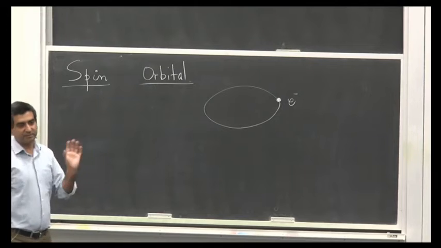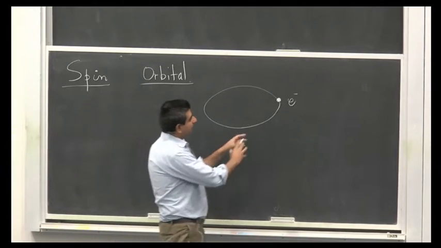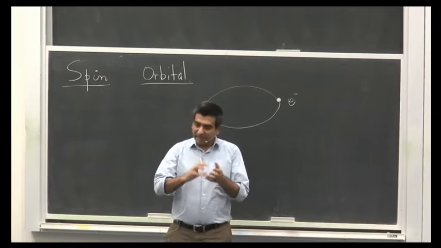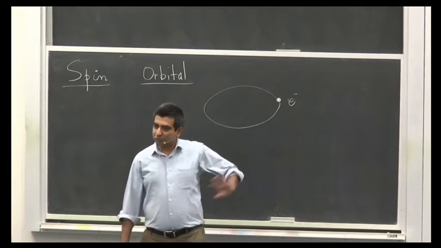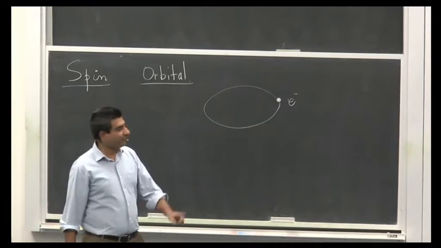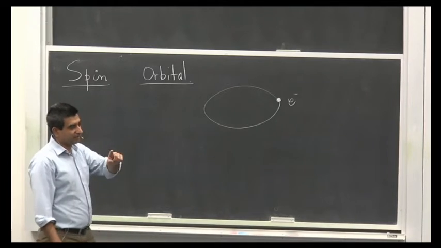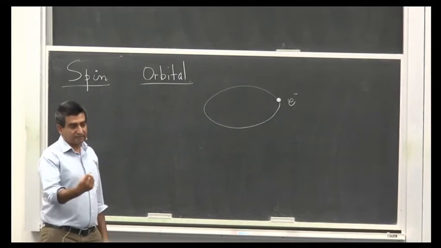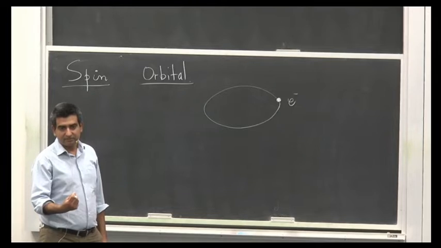Now this is a classical picture. This could be an electron, this could be a ball of charge, it could be anything. There's no quantum mechanics so far. Now when this electron is going around in a circle, this is actually a current. Moving charge is a current.